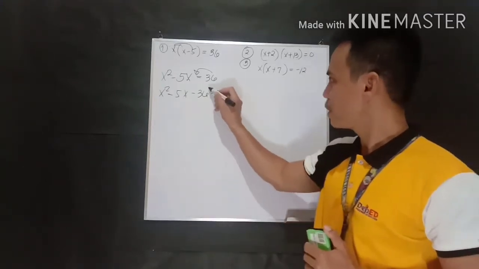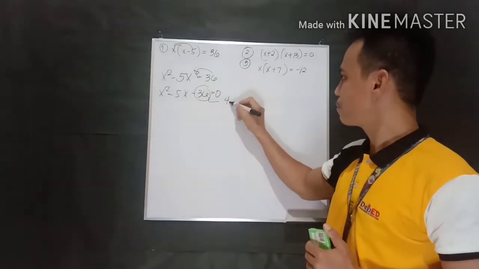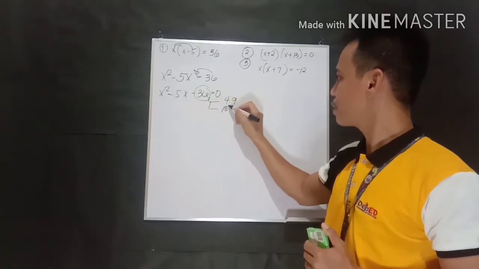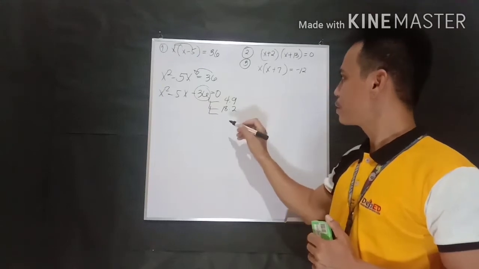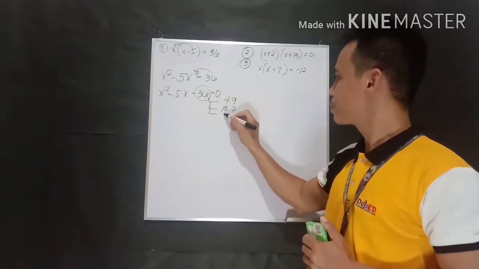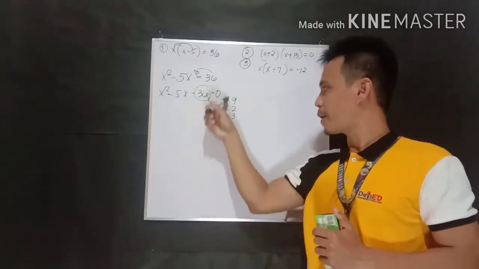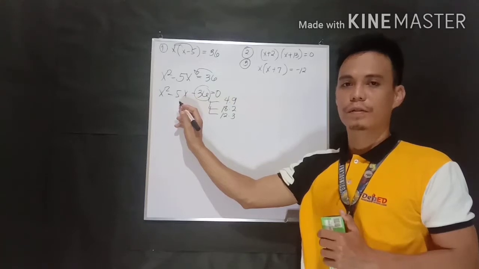So, hanapin natin yung factor ng 36. So, which is 4 and 9, 18 and 2, and 12 and 3.